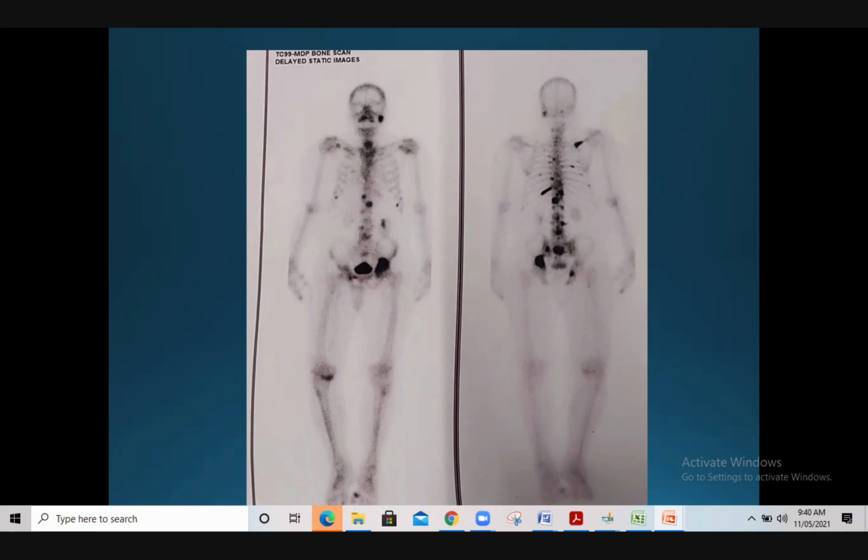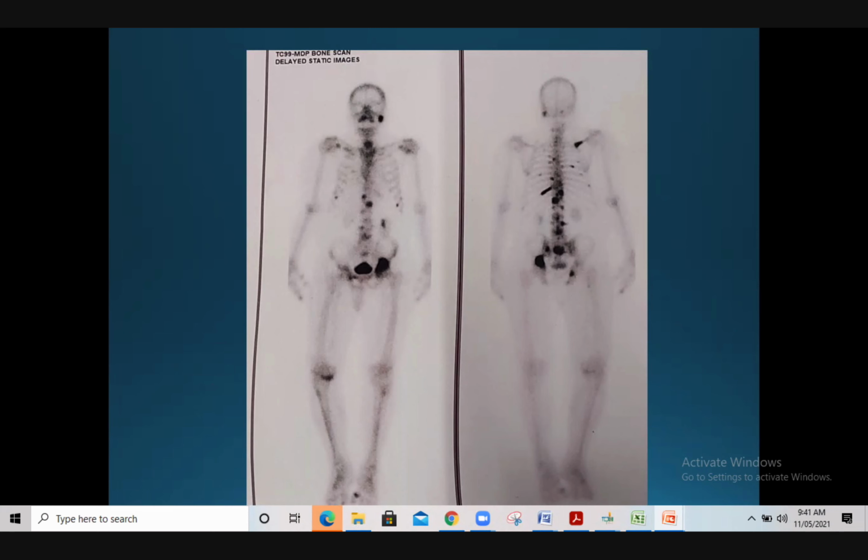Any of the other residents? Sir, in a super scan, all the peripheral skeleton should also be involved. No, that's not a super scan. The kidneys.